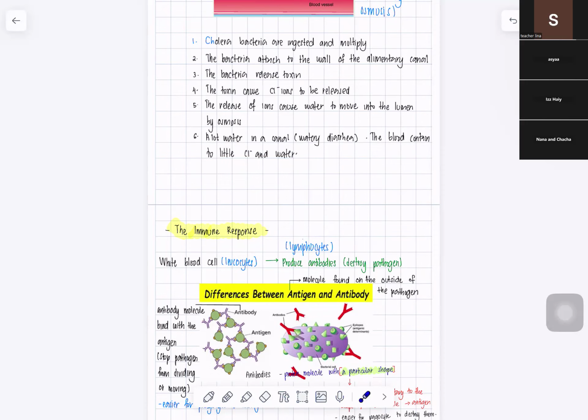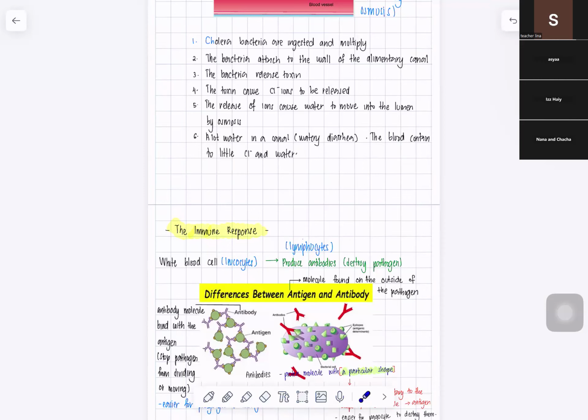There's a lot of water in the canal, while the blood contains too little chloride and water. Alright, good job.